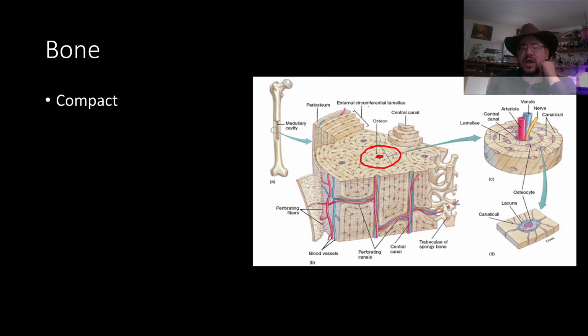By the way, that's called an osteon, one of those sets of tree rings surrounding the central canal. That's an osteon. And in compact bone, you have multiple osteons densely packed together, creating this very dense, strong bone.